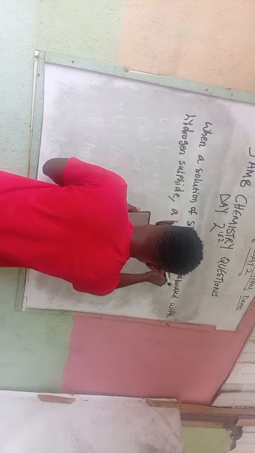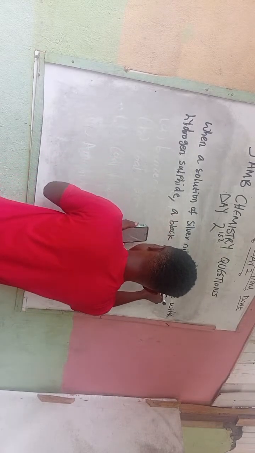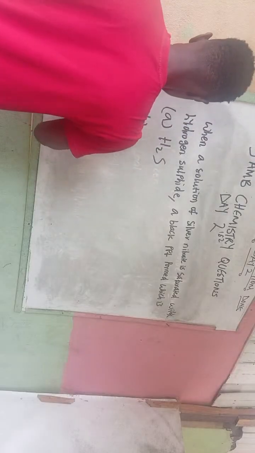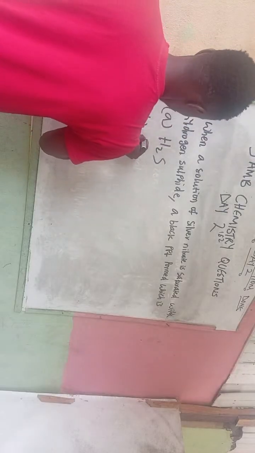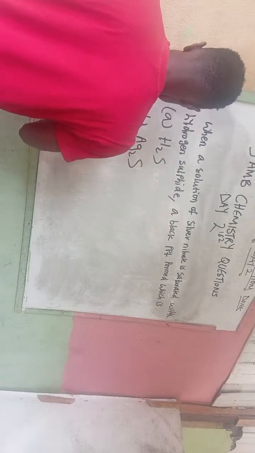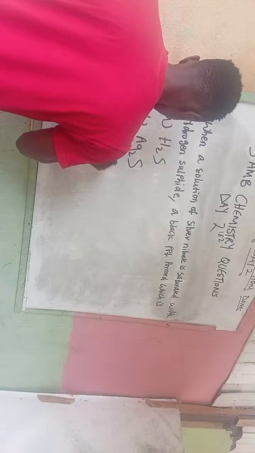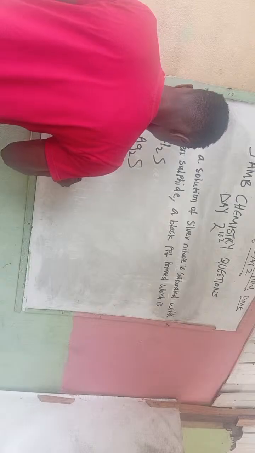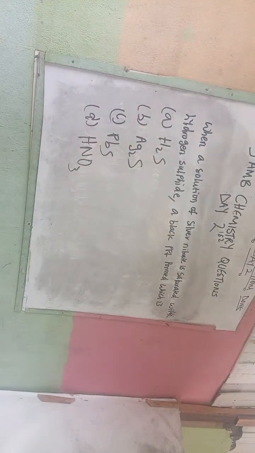A black precipitate formed, which is what? A, hydrogen sulfide, B, silver sulfide, C, lead sulfide, and D, HN. Alright, am I correct?